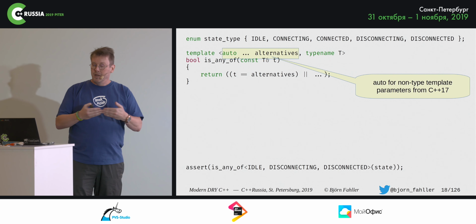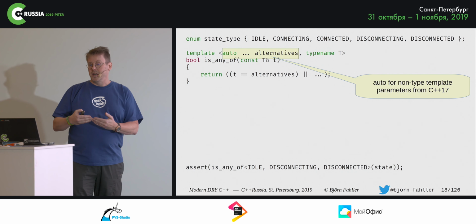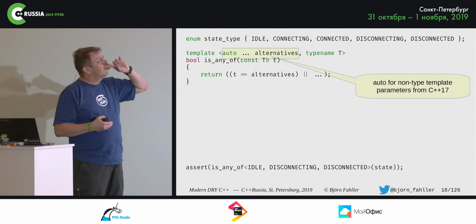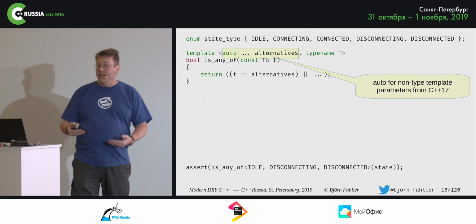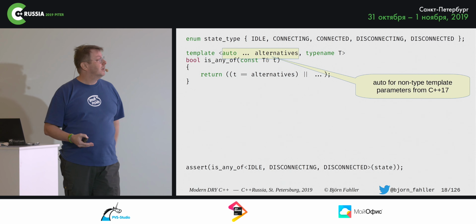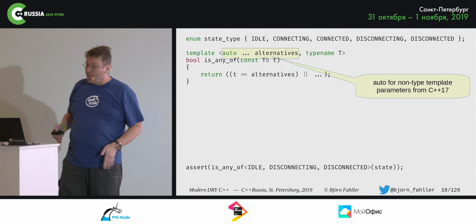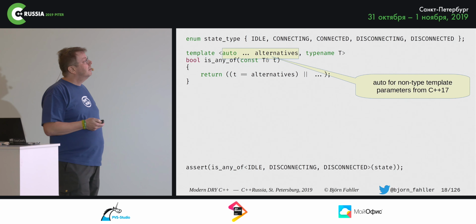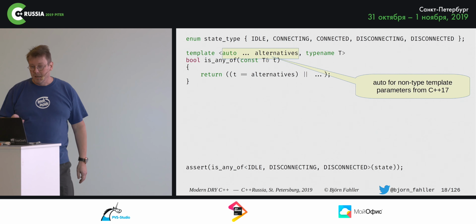So I don't have to say that it is explicitly state type, which means that this is any of function is now generalized. It's not tied only to this state type. We can use this for any kind of value that we want to check if it's in a range of. So that is useful. It saves some repetition there. This is good.